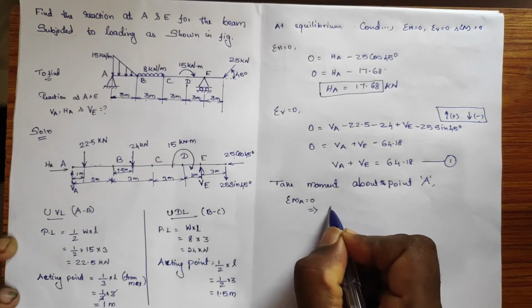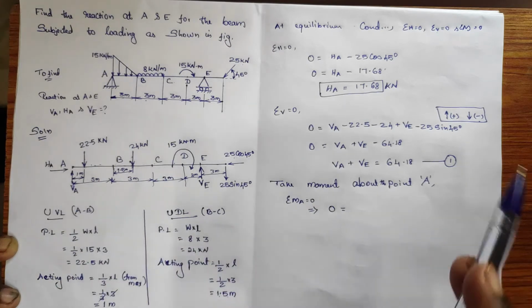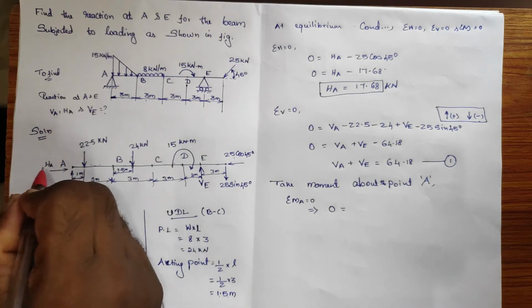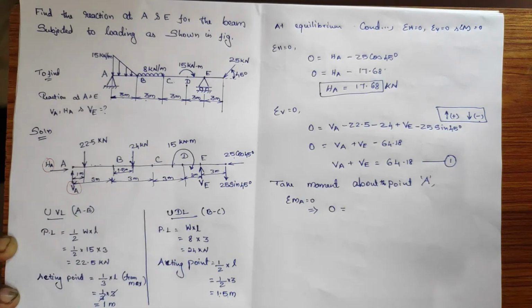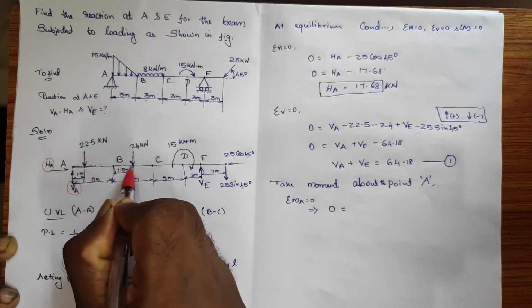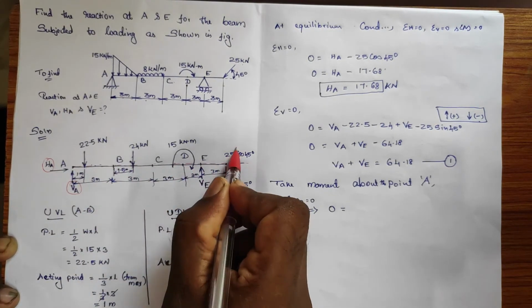So that 0 is equal to, we must know, if we take moment about the point A, the forces acting at the point A will be 0, and if the line of action comes from A, that also will be 0.